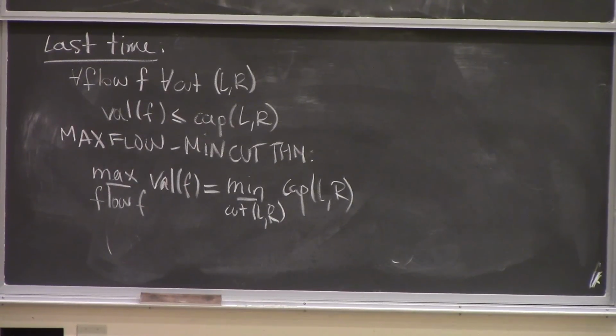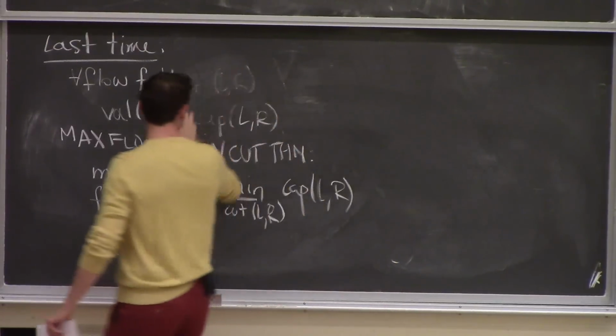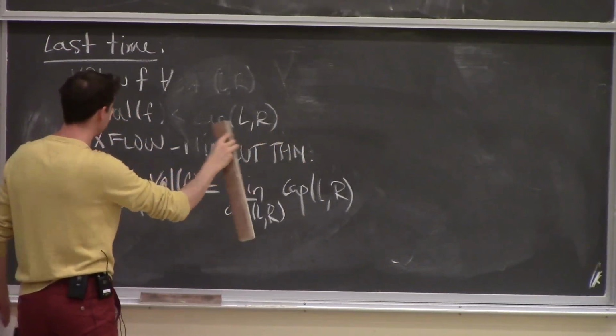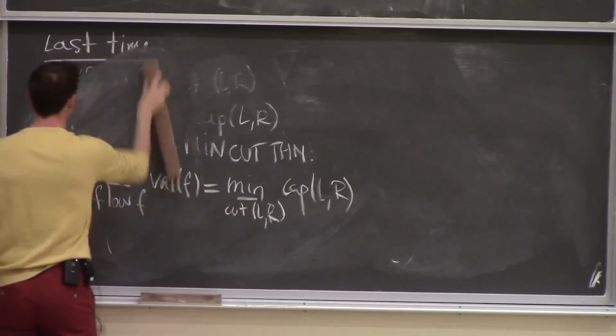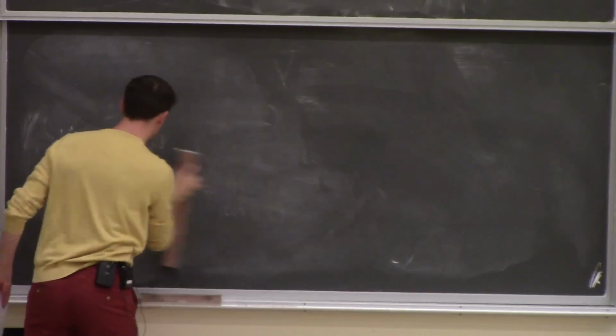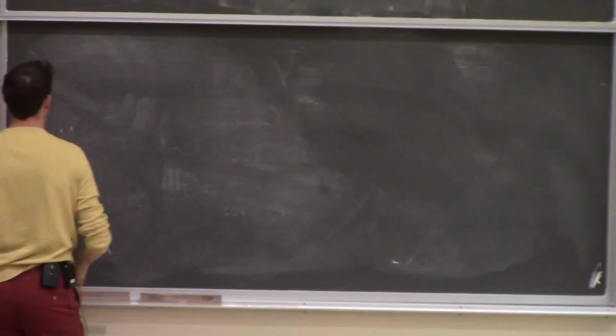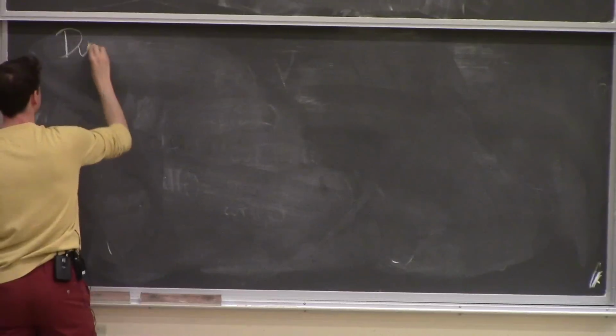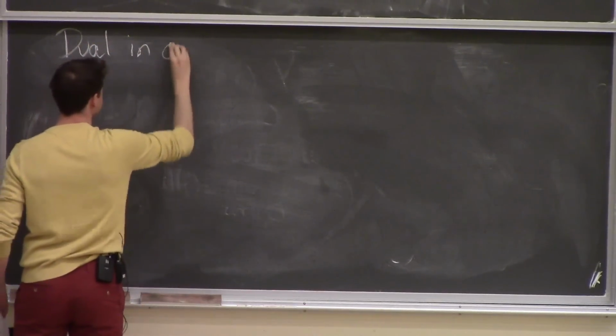All right, so let's try to write the dual. By the way, that thing that I wrote is correct, but it's missing some things. We'll get back to it in a moment. We'll catch them as we write the dual in a general case. All right, so dual in general.